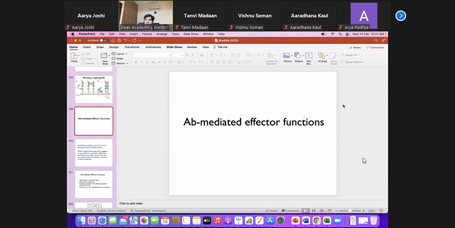Now, let's quickly talk about if you have any doubts. One of the questions I see is, in one of the slides, it was mentioned that antigen interacts with BCR, and in turn, antigen is processed and presented to cells, and then T cells release cytokine.